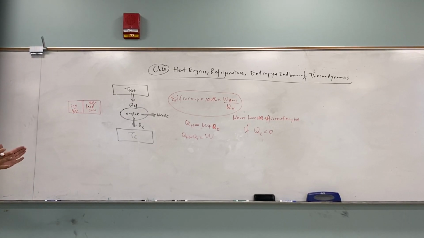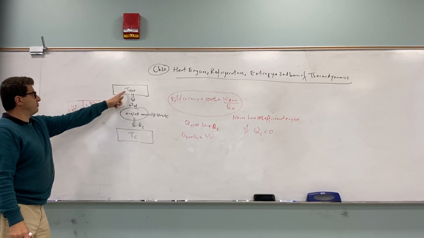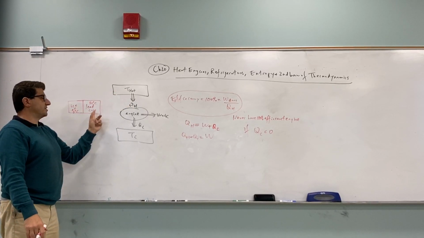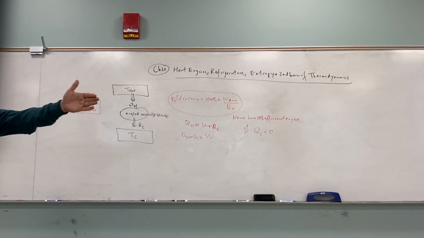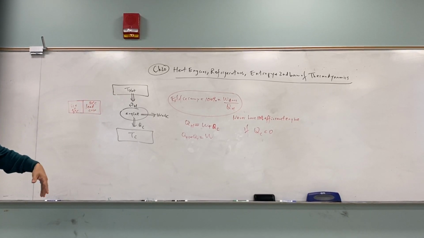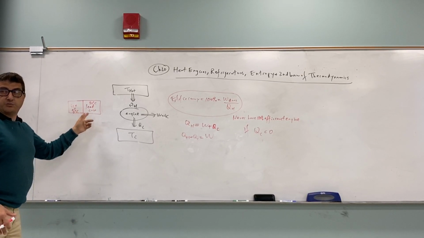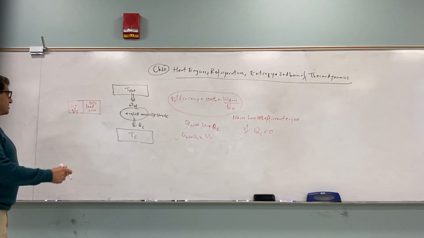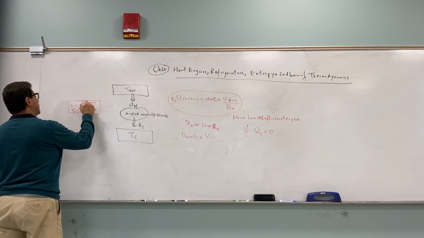So bring them in contact, and this is your hot reservoir, right? The hot reservoir doesn't necessarily have to be what we think of as an engine, like burning gasoline or something. It could be anything that is warmer than something else. In that case, this is your hot reservoir, and this is your cold reservoir. And when you bring them close to each other, what's going to happen? Heat is going to come from the lead to the ice.